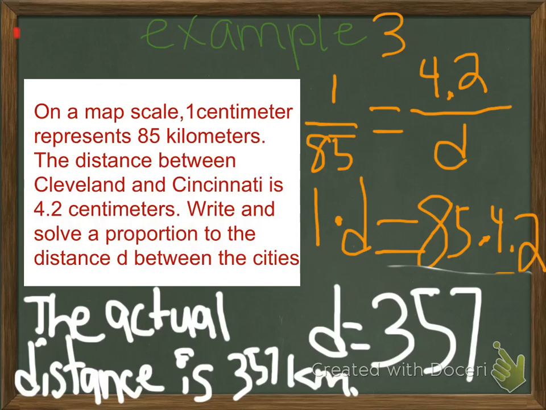So, write a proportion, 1 over 85 equals 4.2 over D. Use the cross product property, 1 times D equals 85 times 4.2. You multiply those numbers and you get D equals 357. So the conclusion is the actual distance is 357 kilometers.